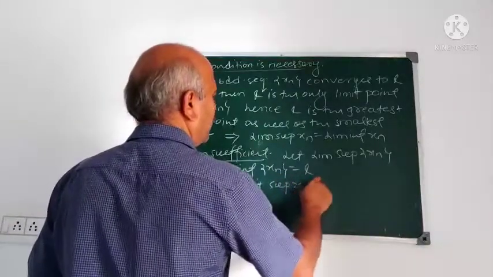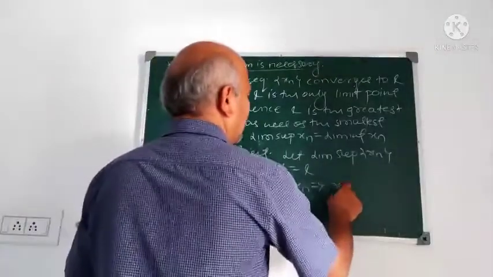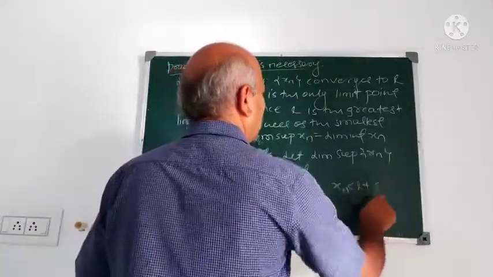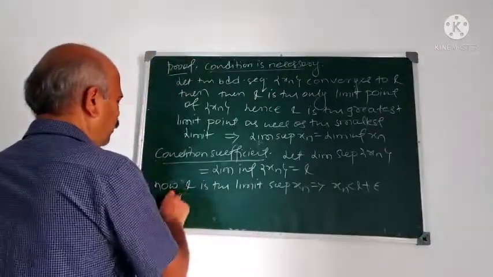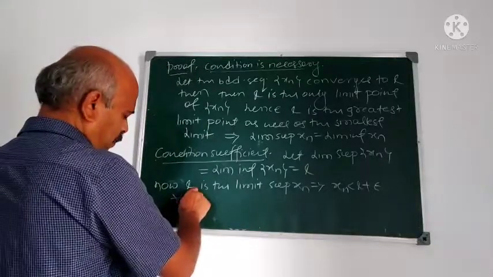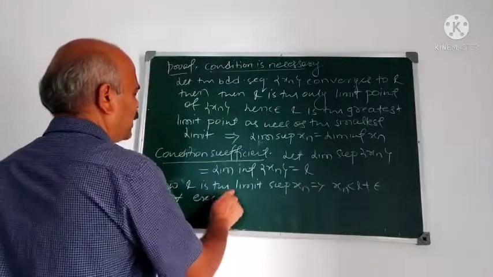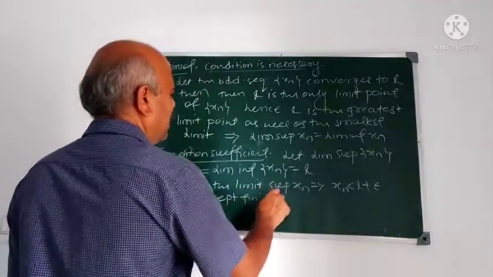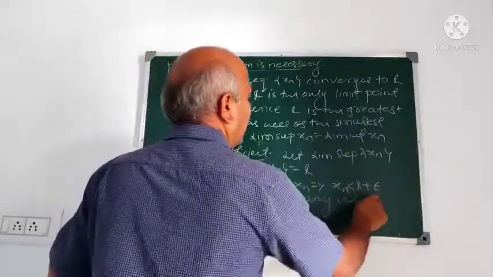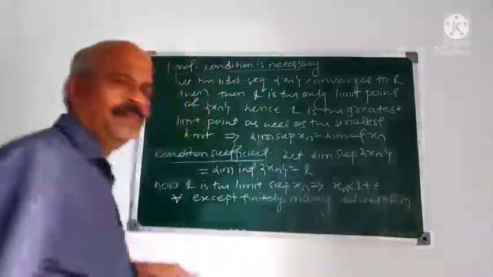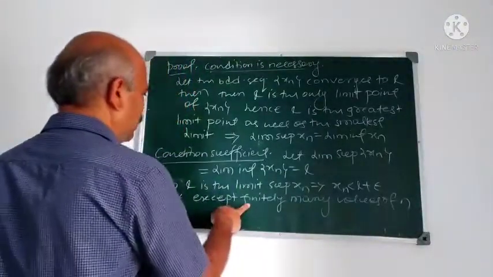But see the previous theorem: xn is less than L plus epsilon for all except finitely many values of n. This is a property of limit superior.